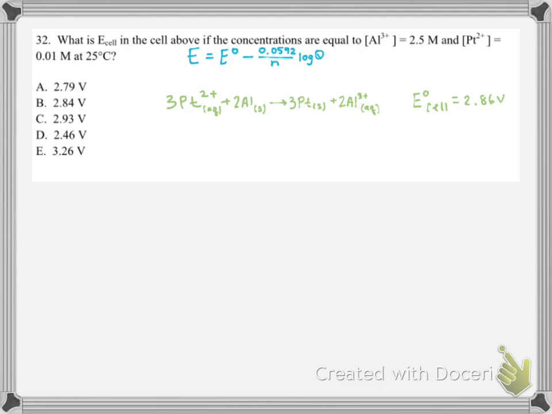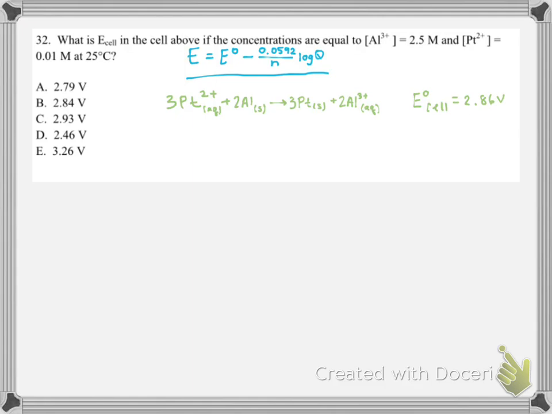Because we're not at standard conditions, which would be 1 molar of everything, we're going to have to use this equation, which is from the data sheet, where we use the standard potential and then adjust for not being at equilibrium.